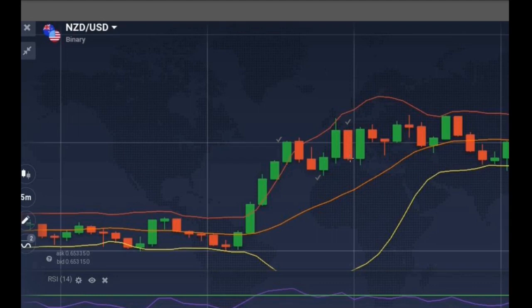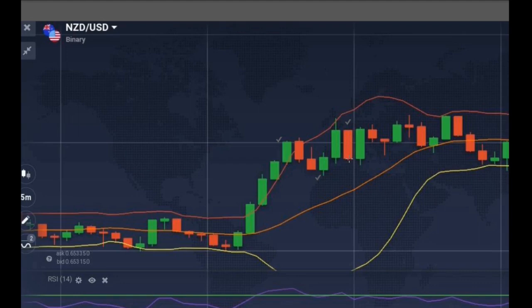The entry was already confirmed here, but you do not want to enter immediately. You want to give yourself the best possible distance, so that you can have an edge over every other person in the market. So always wait for a retracement back to the upper body of the confirmation candle, which is this Marubozu over here.